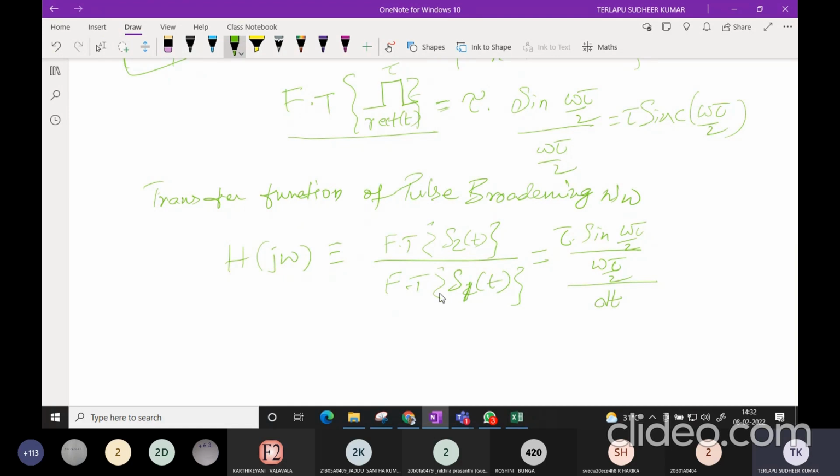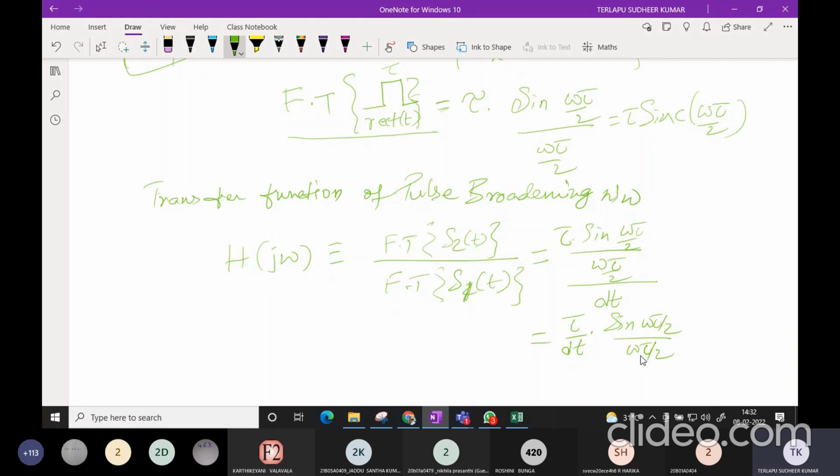After simplification, my Fourier transform of the pulse broadening network would be tau by dt into sine(omega tau by 2) divided by omega tau by 2.